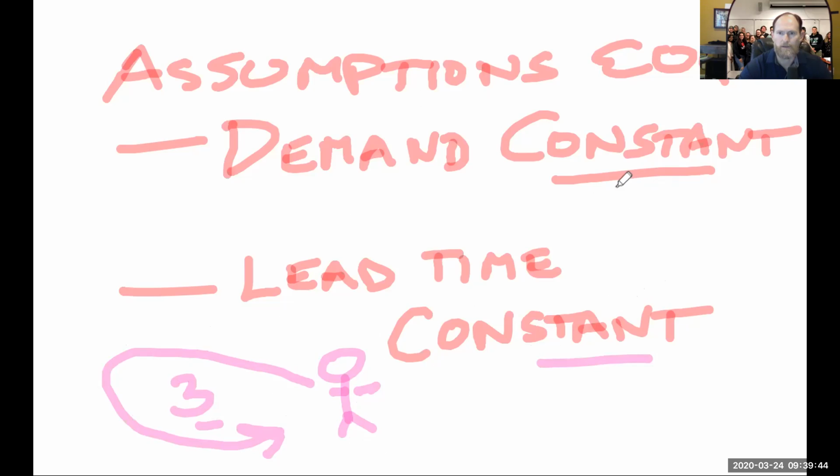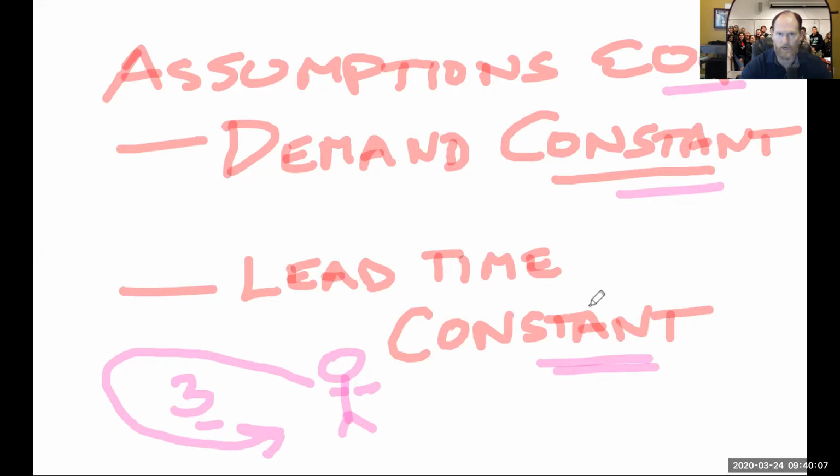Now, again, you can see, well, when is lead time ever exactly constant? And there are some instances where I could say that lead time is constant. Harley Davidson probably works a lot under EOQ because they have a lot of certainty in their life.